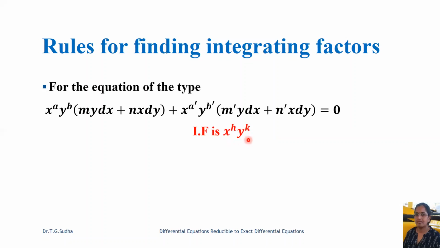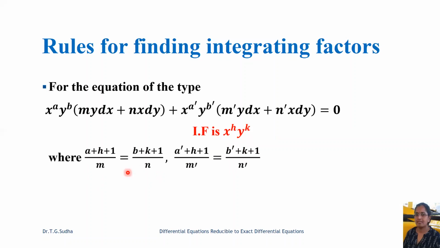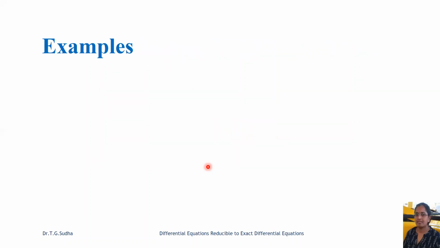And this h and k can be obtained by these two equations. Since we know the values of a, m, b, n, a dash, m dash, b dash and n dash from the given equation, we can find h and k using these two equations. Now let us solve some examples.